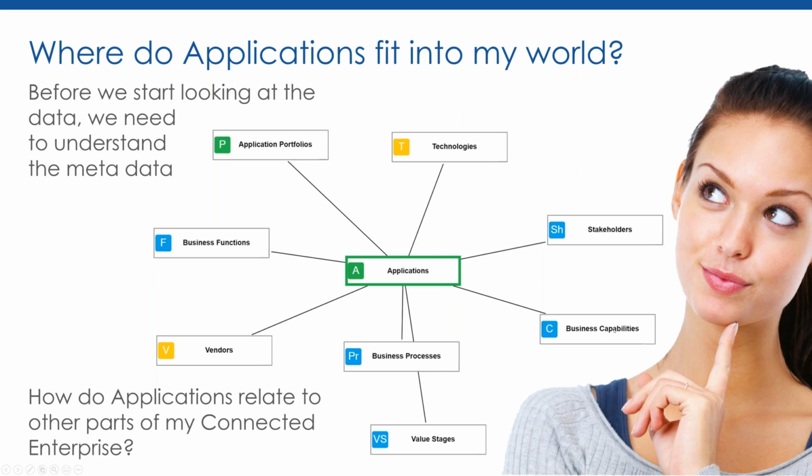They support business capabilities. They may be used in business processes and value stages within value streams. They may support business functions if you have a functional view of your business, and they're generally supplied by vendors unless they're all built in-house. So it's just a really simple picture of the sort of things that you may want to consider when you're saying, what do my applications look like?